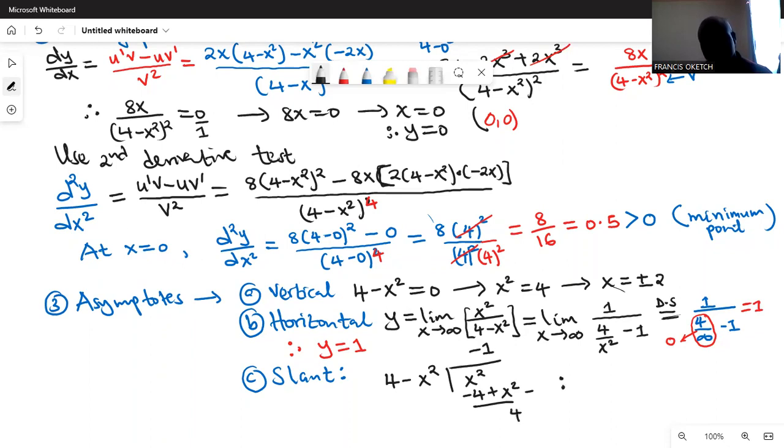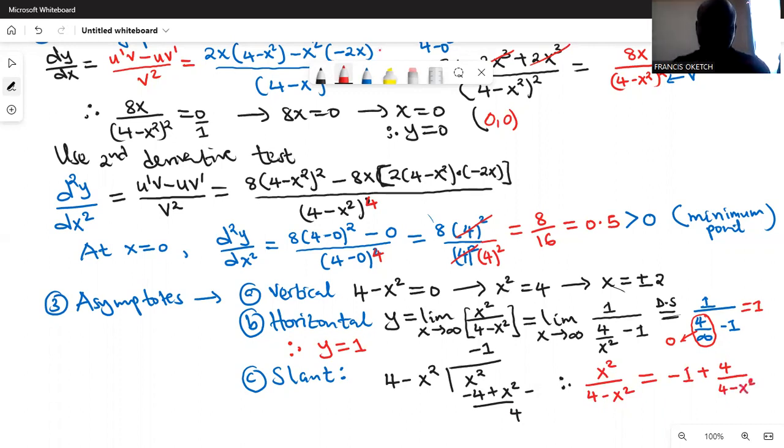So therefore, it simply means that x squared over 4 minus x squared is the same as writing negative 1, remainder 4 over 4 minus x squared.